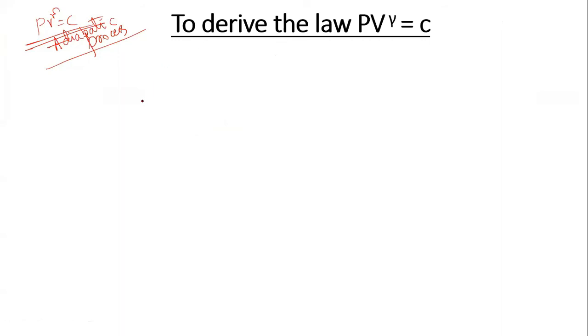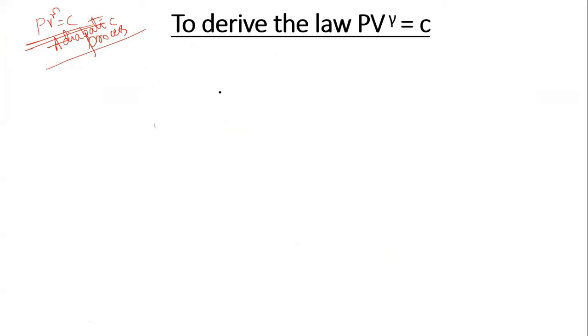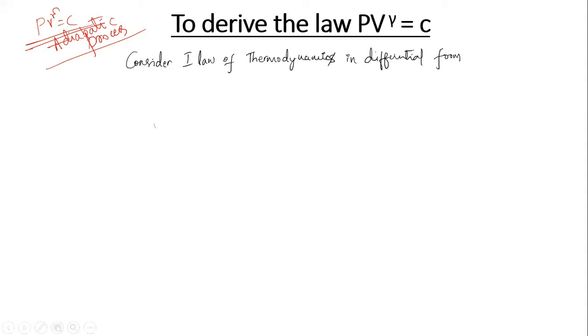Let us derive the law of PV to the power of gamma equal to C. Consider the first law of thermodynamics in differential form.